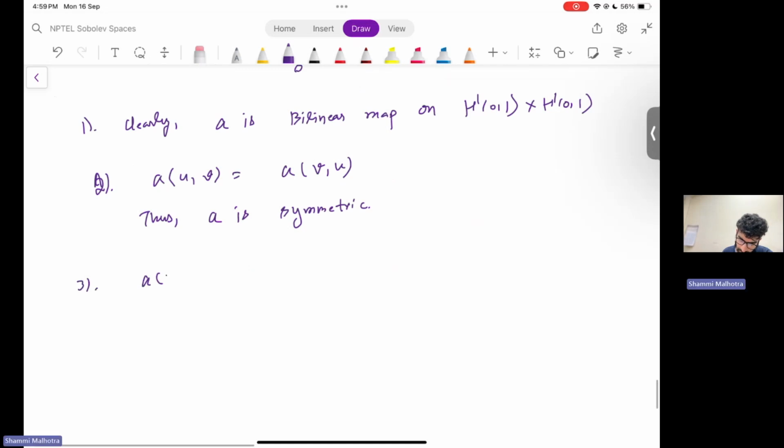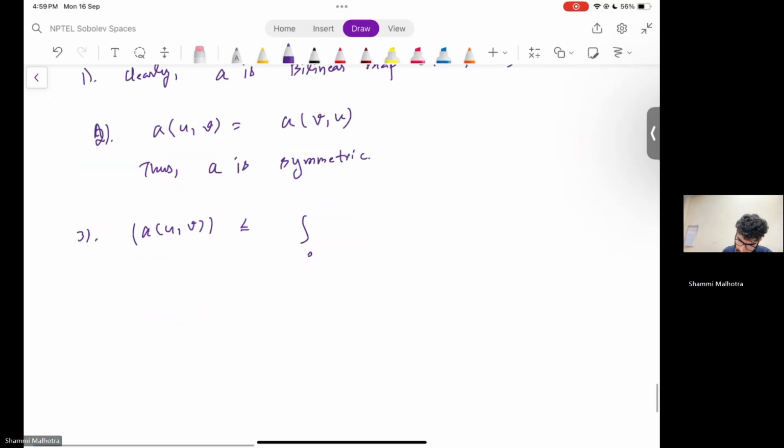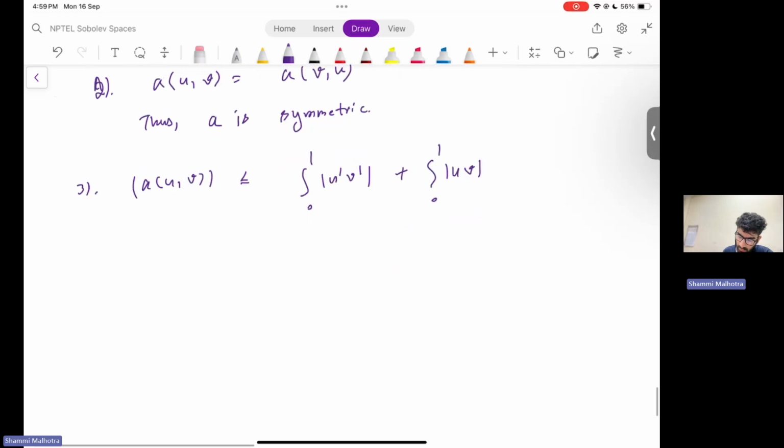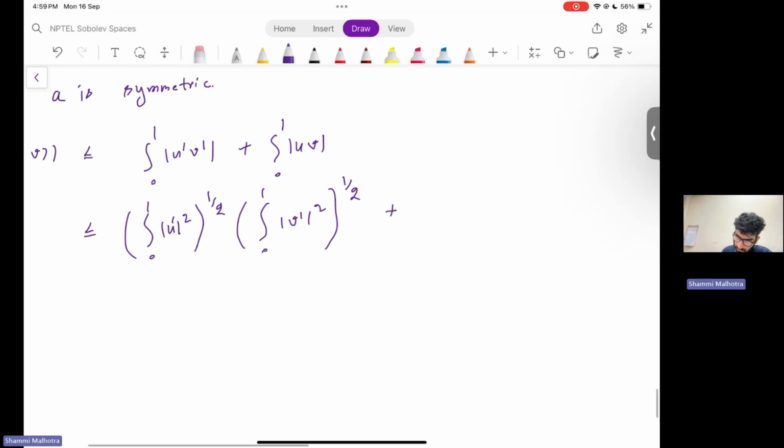Then we have to answer, A(u,v), the modulus, is less than or equal to the integral from 0 to 1 of mod u' v' plus the integral from 0 to 1 of mod uv, and then by Cauchy-Schwarz, these are the L2 norms here.